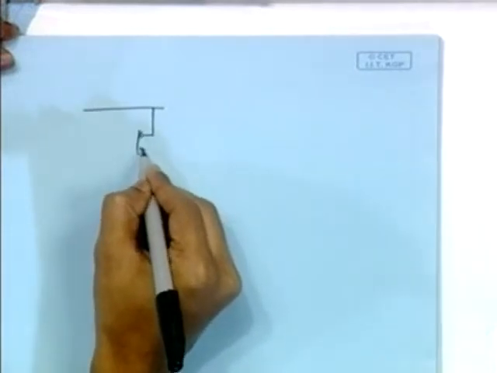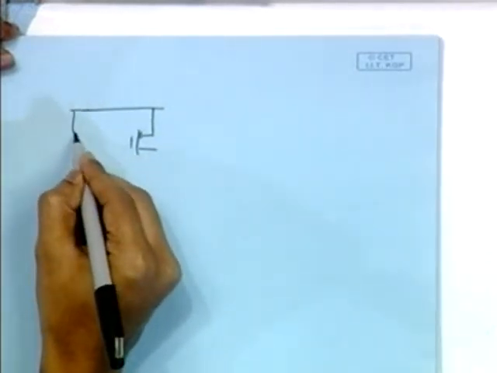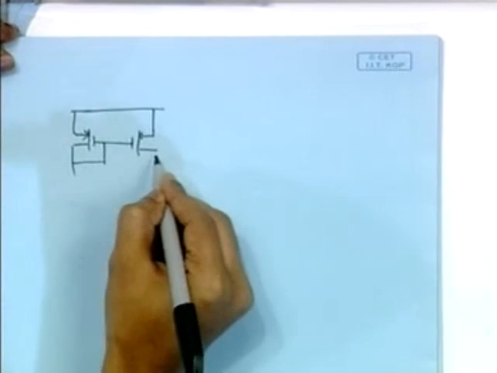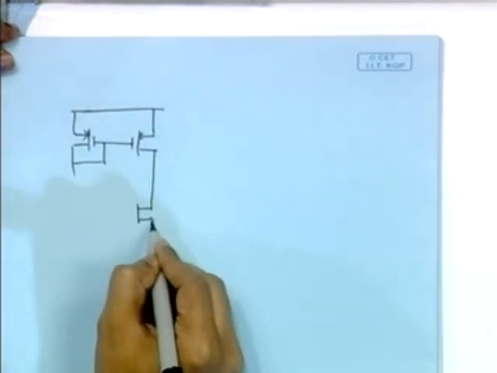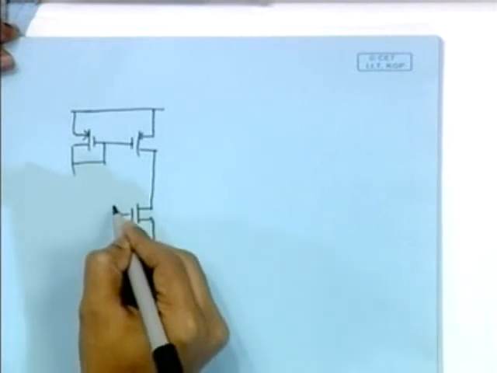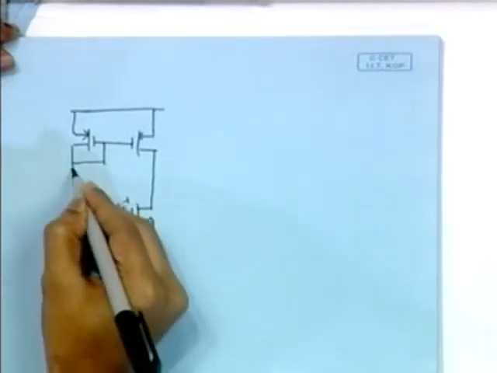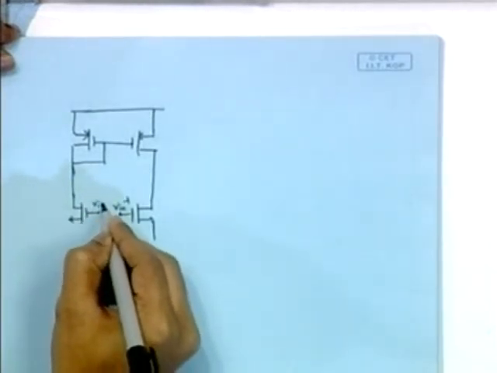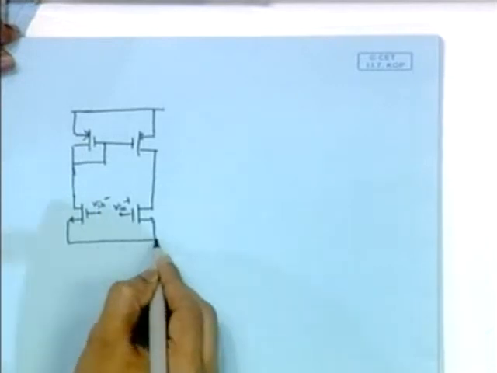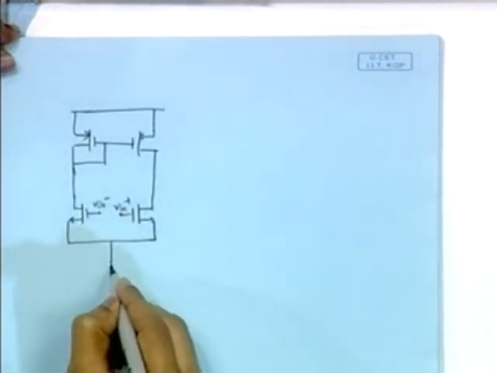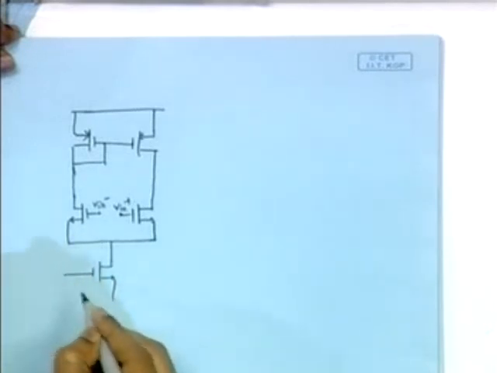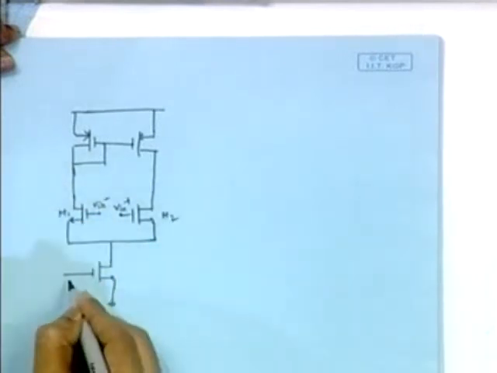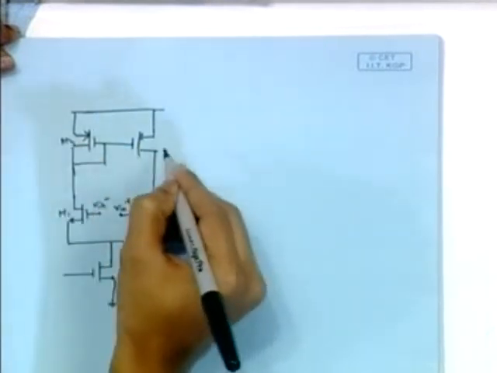So here is the thing. This is V in plus, this is V in minus. This is M1, this is M2, this is M3, this is M4.